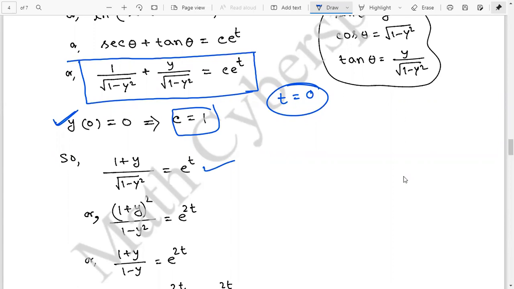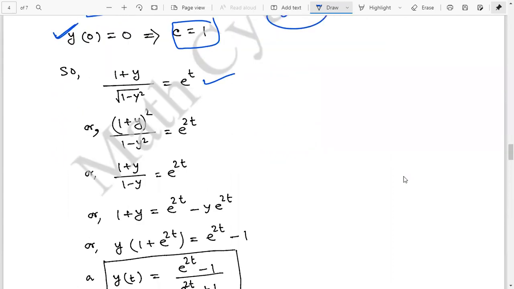If we simplify this, we multiply numerator and denominator by root over (1 minus y squared), and we square both sides.